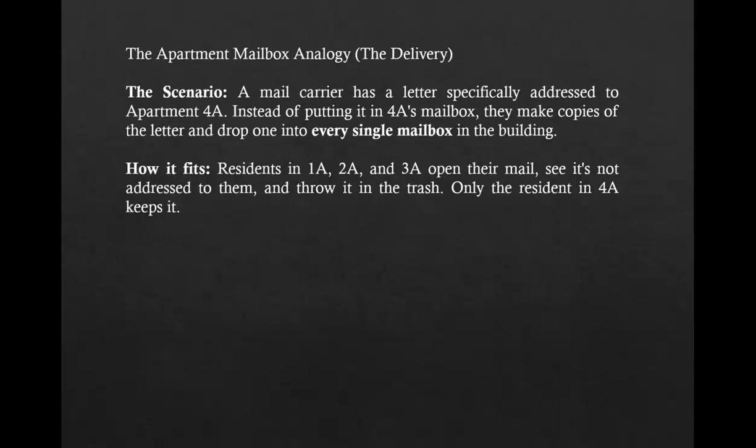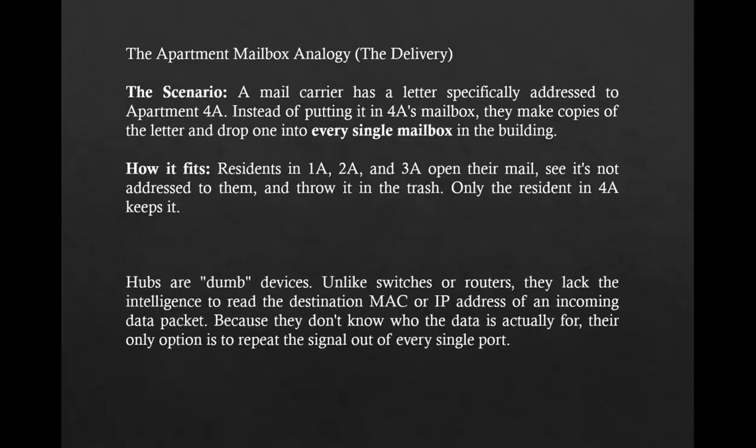Residents in 1A, 2A, 3A, etc. will open their mailbox, understand that it is not for them, and throw it in the trash. Only the resident in 4A will keep it because it is intended for 4A. This is a very classic analogy that illustrates the working principle of a hub.